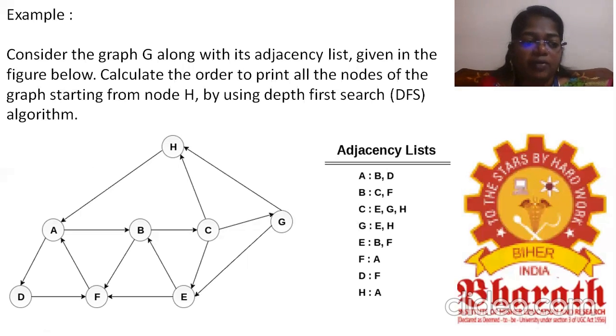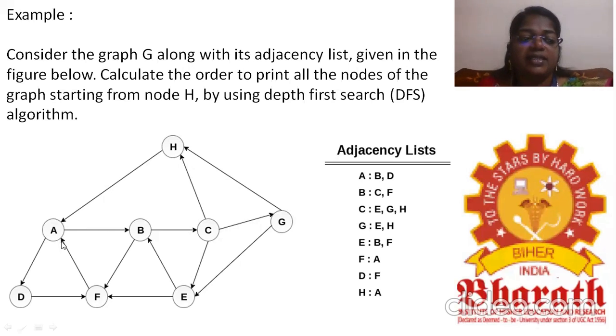Here we have nodes A, B, C, D, E, F, G and H. We have to find the adjacency list for all these nodes. The graph given is a directed graph, so it is quite easy to identify the adjacency list.